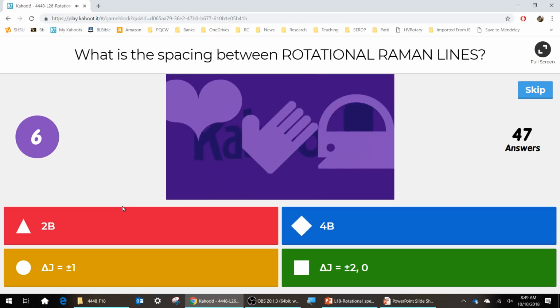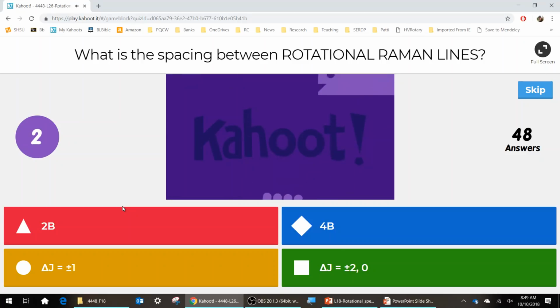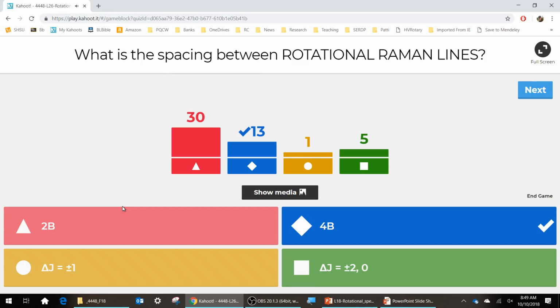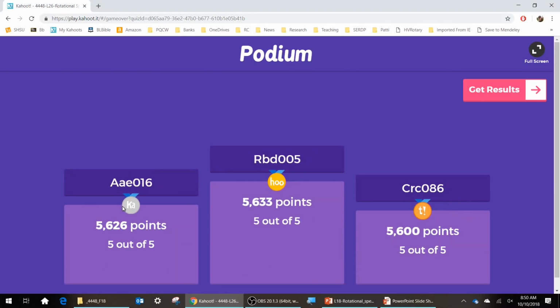No problem with this answer. Yeah, the spacing between the rotational Raman lines is 4B. All right, great. So 2B is the direct absorption, and 4B is the Raman. All right. Good deal.